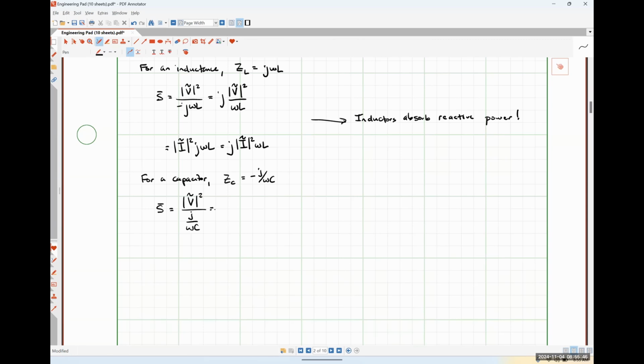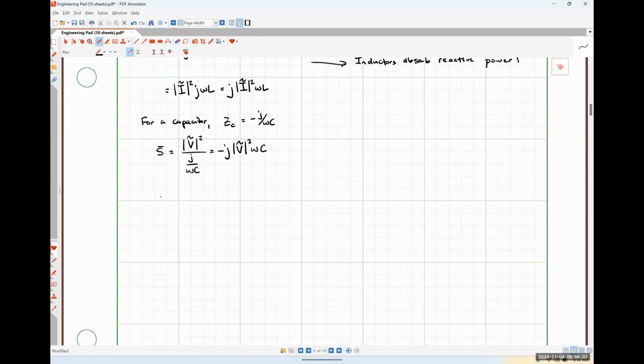And so 1 over J looks like negative J. And my 1 over omega C looks like an omega C in the numerator. So we have negative J times the magnitude of the voltage squared times omega C as our complex power.